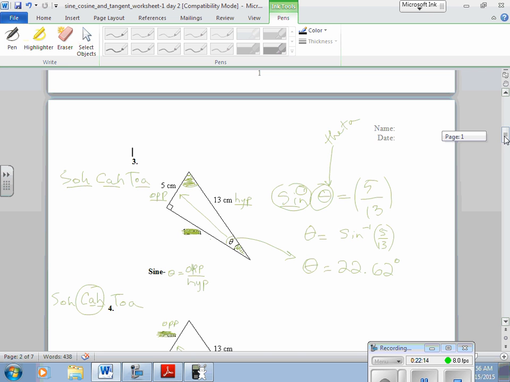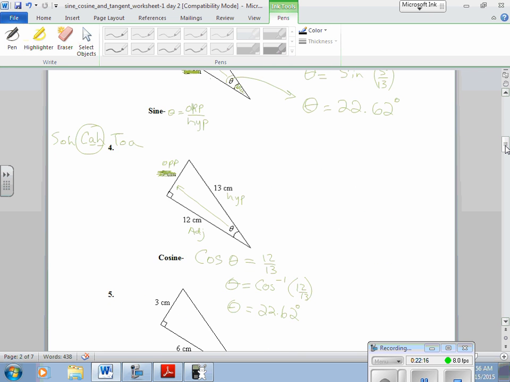And then cosine of an angle is equal to the adjacent over the hypotenuse. So we had to find out the angle by using cosine inverse. So now I'm going to show you what tangent inverse would look like. Tangent of theta is equal to the opposite, which is 5, over the adjacent, which is 12.